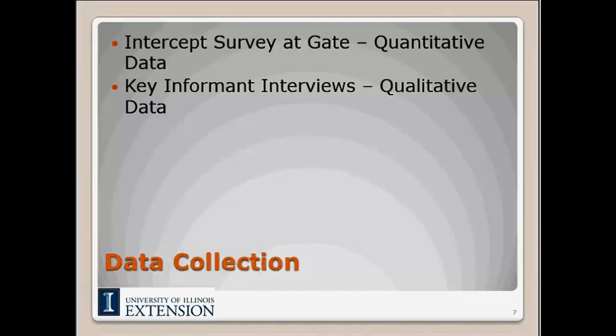But we've also had a few questions approved by IRB for key informant interviews. And with those questions, what we hope to get to is some of the more fuzzy benefits, for lack of a better term, that are had in communities and areas because of the agricultural fairs.